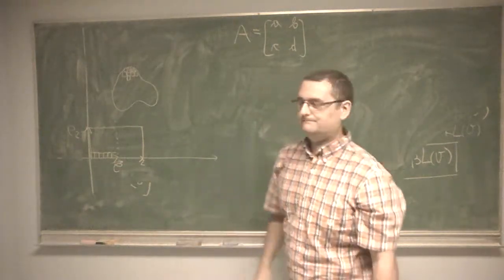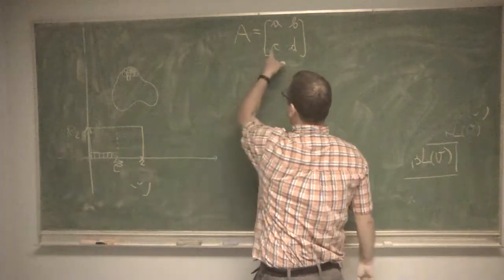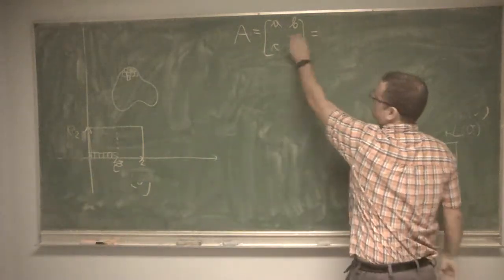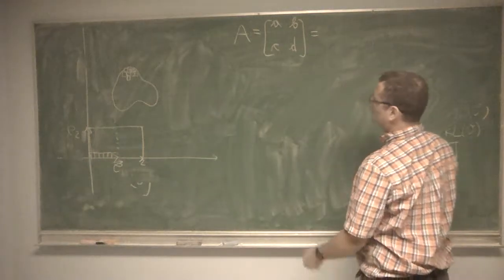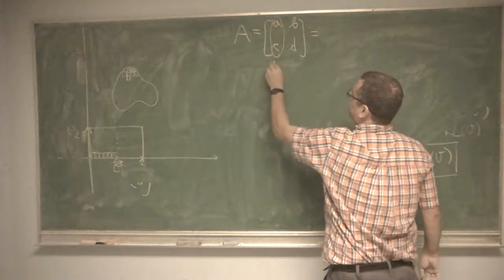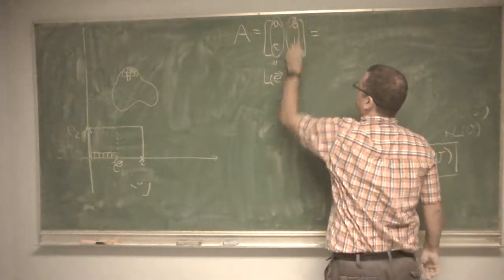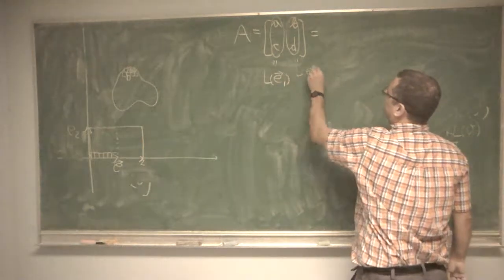Now, in this particular example, what is the matrix that represents those stretchings? Well, remember, this first column should be L of E1 vector, and this second column should be L of E2.